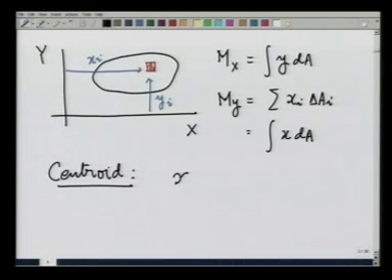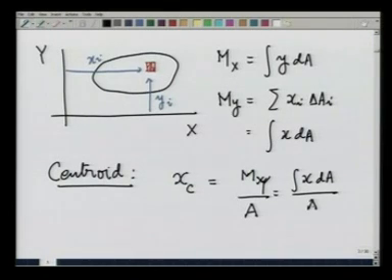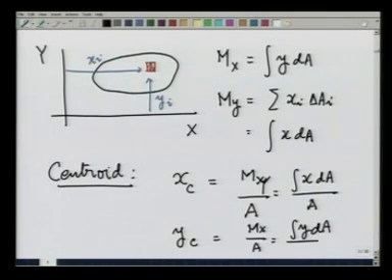The centroid x coordinate, x c, is defined as the first moment about the y axis divided by the total area, which is integral x dA divided by A, and similarly the y coordinate is defined as m x divided by A, which is integral y dA divided by A. Now, let us do certain examples using these definitions to calculate these quantities.